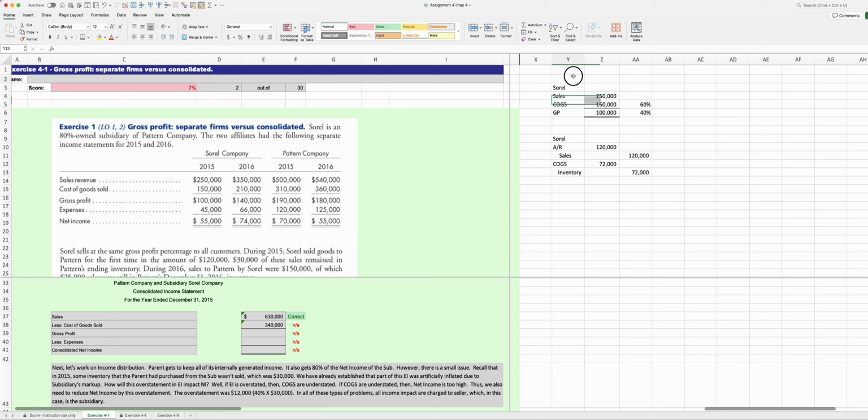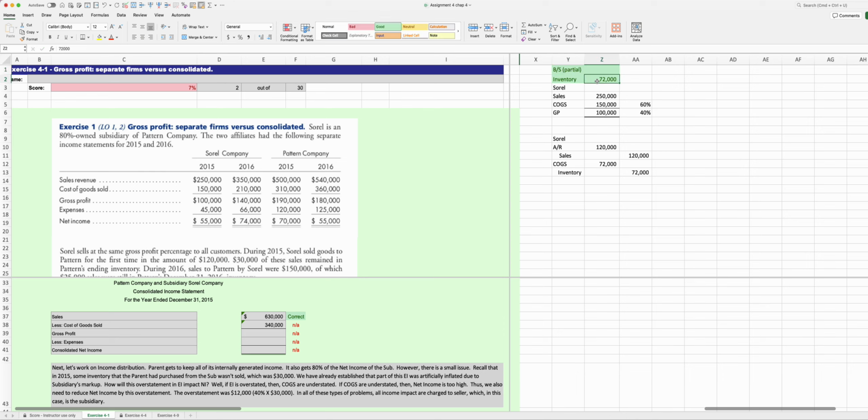So they had inventory already on their balance sheet for $72,000, and then they sold it, right? I just wanted to kind of identify that it's not just coming out of air. It's actually something that, and this is a partial balance sheet, of course.